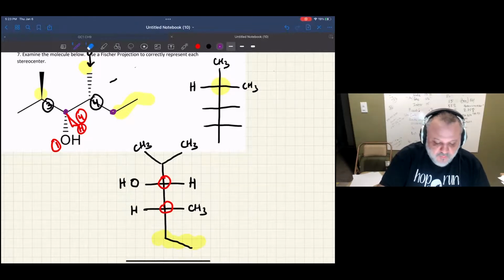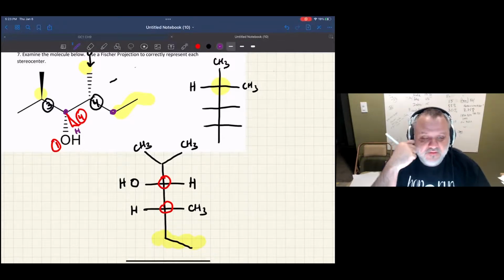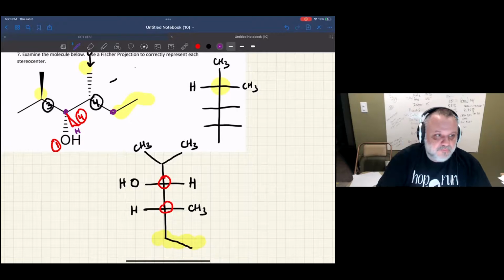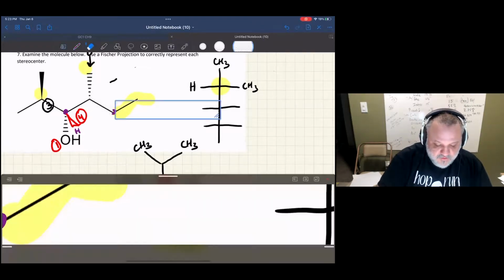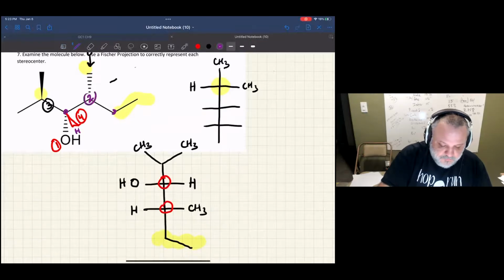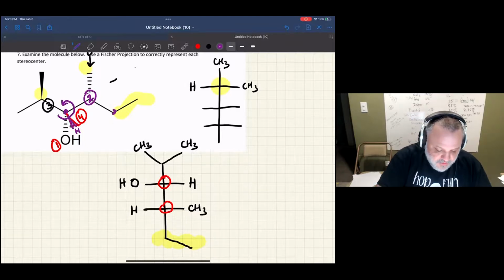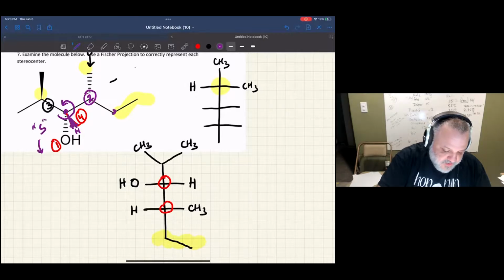If you're still having some problems seeing that tiebreaker, then I suggest that you go back and do a little bit more practice with stereochemistry. Okay, let me back this up. It's not 4, it's actually 2. So I've got 1, 2, 3. That's a counterclockwise direction, but my lowest priority group is going away from me. So instead of S, I should say it's R.